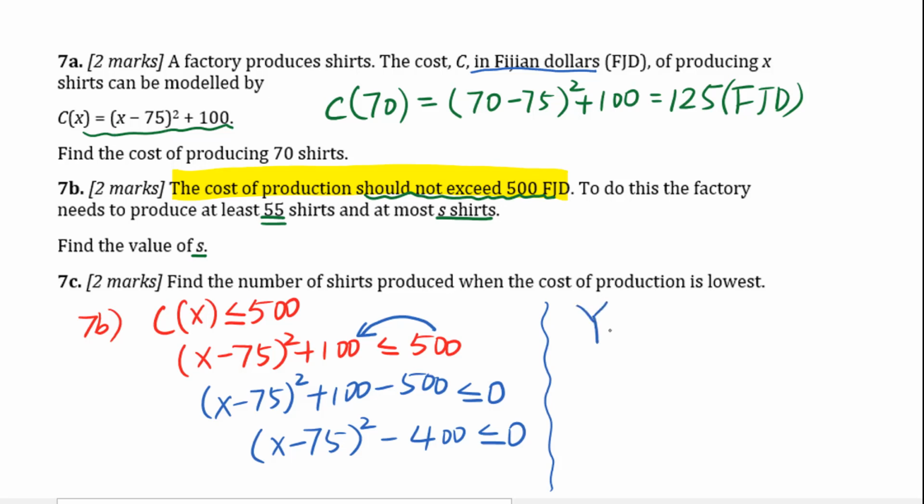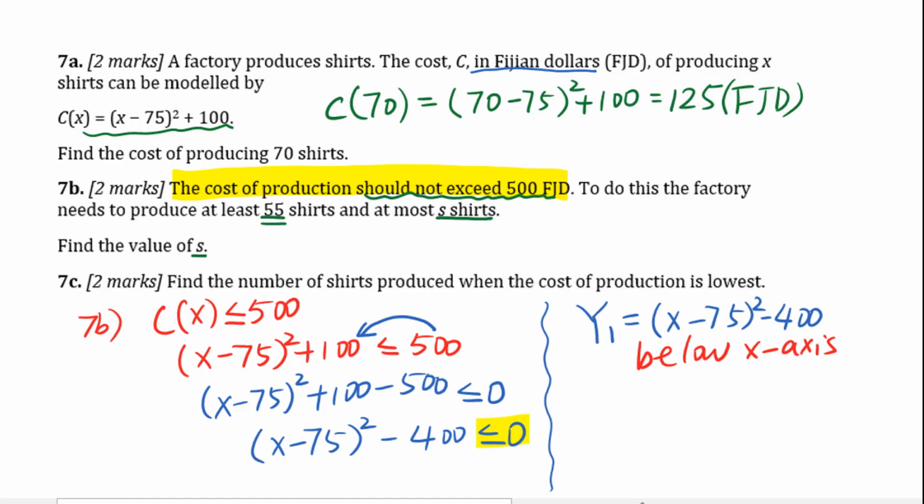We set up y1 equals (x − 75) squared minus 400. Since we are looking for less than or equal to 0, which means below the x-axis, for which domain the graph is below the x-axis, that will be the solution.